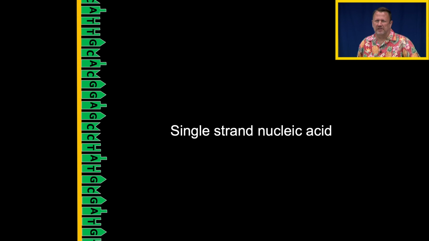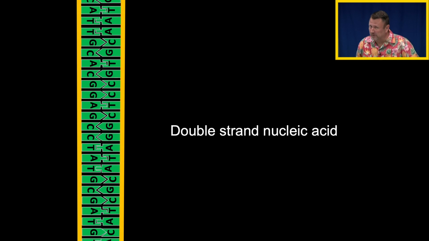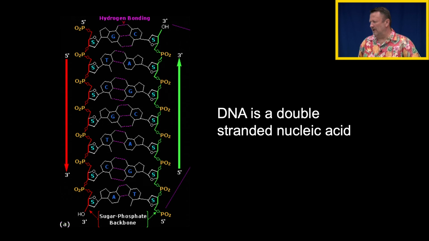All right, so there's a single-stranded nucleic acid. There's a double-stranded nucleic acid. DNA is a double-stranded nucleic acid, and you'll see the directions run in opposite directions. Here the chain is formed in one direction, and here the chain is formed in the other direction.